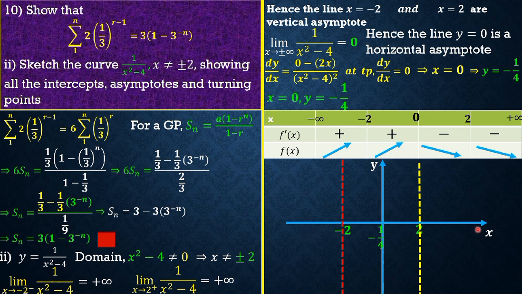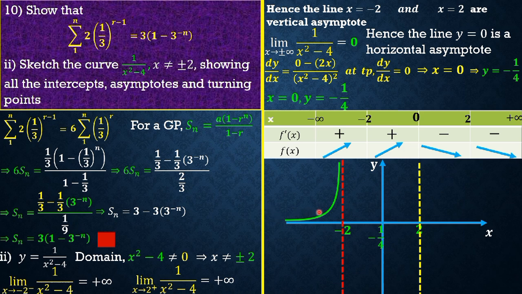Now, let's look at the limit as x comes to -2 from the left. Do you see that y goes to positive infinity? So our first curve is of this form. When x comes towards -2 from the left, y goes towards positive infinity, at the point where this laser is showing.